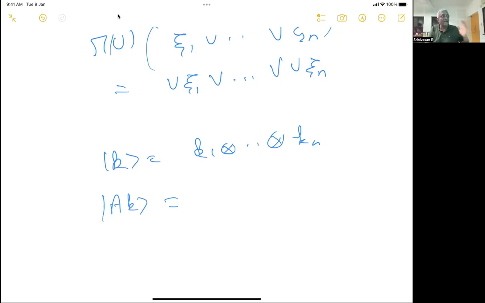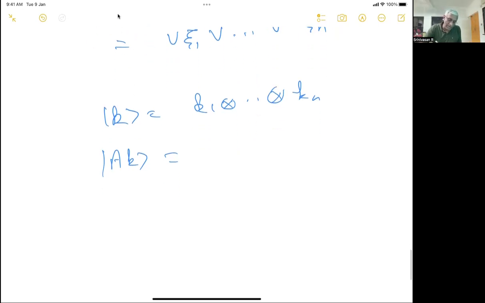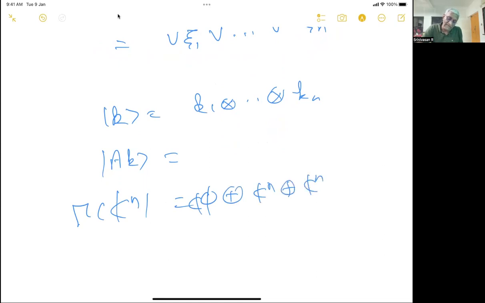Here, the n particle space is obtained by tensoring it m times. There are two pictures we are using. One picture is gamma of Cn, which is direct sum of C times phi, the vacuum vector E of 0, direct sum Cn itself, then direct sum Cn symmetric tensor Cn, and so on, up to the symmetric tensor m times.